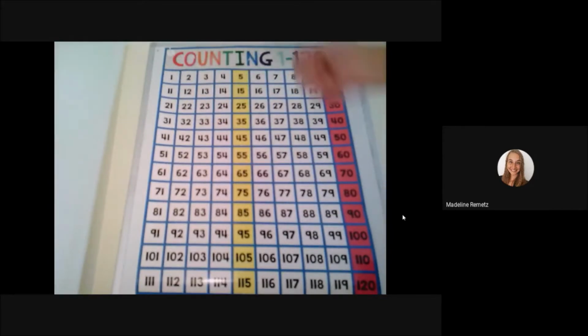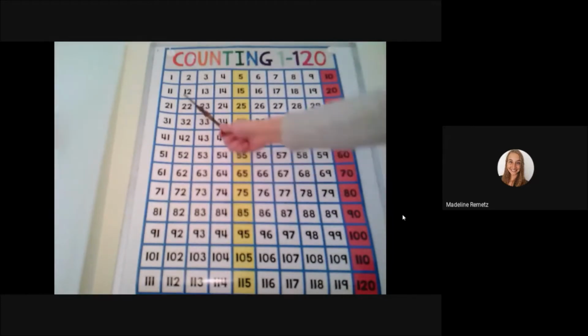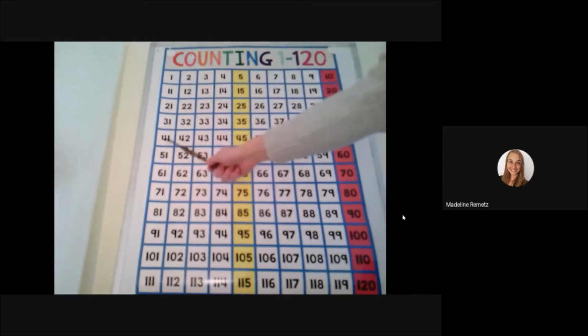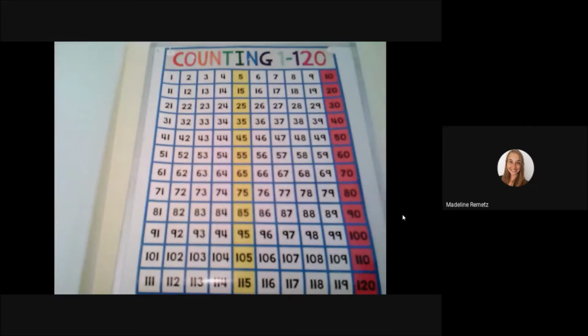110, but now we have 2 ones. And some of you reminded me in class that when you go down the column, you can see that the 10s are going up by 1. So while here in the row, we're going 1, 2, 3, in the 10s column, it's going 1, 1, 1, 1.